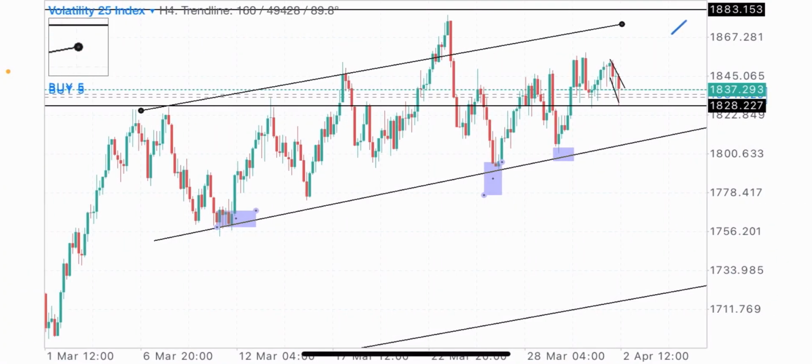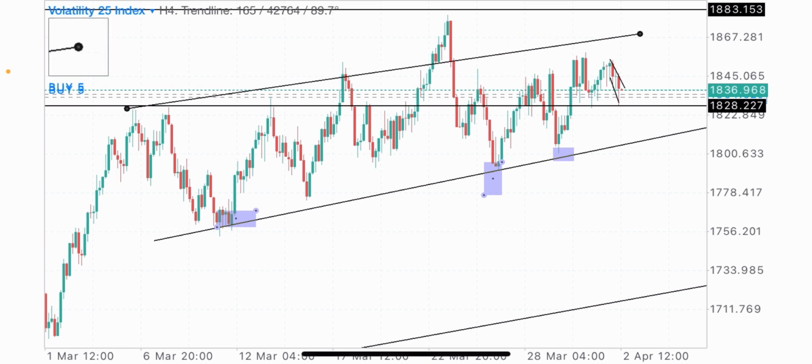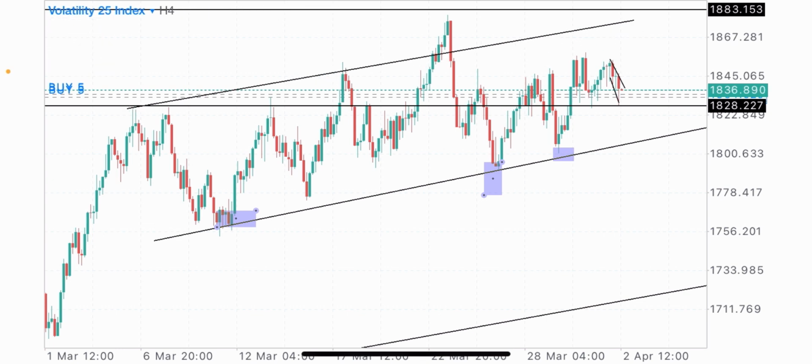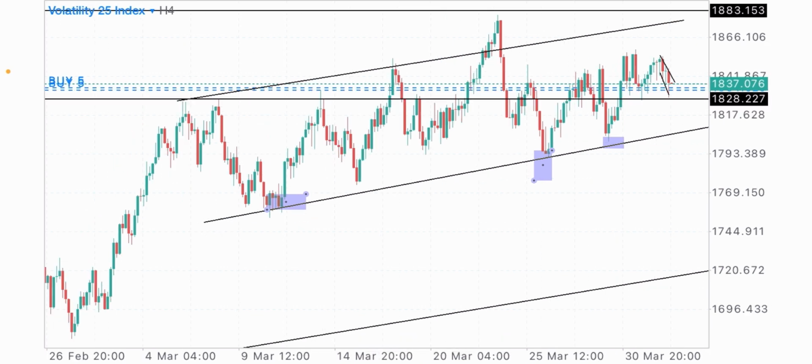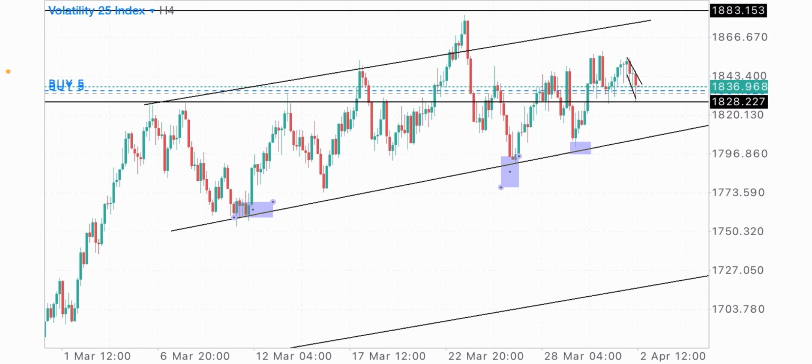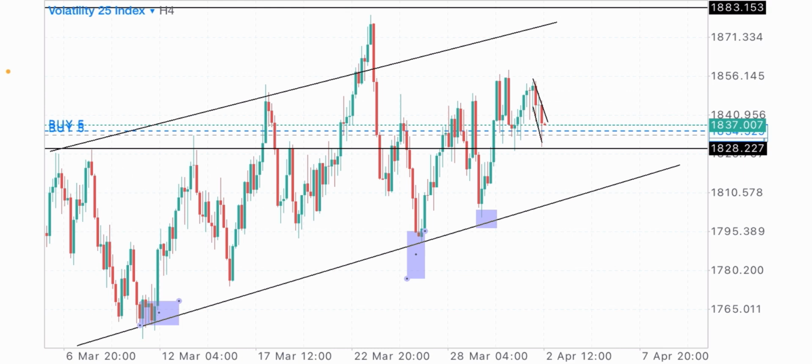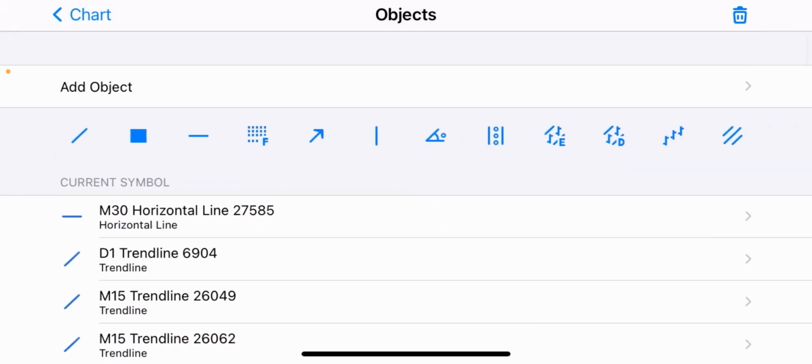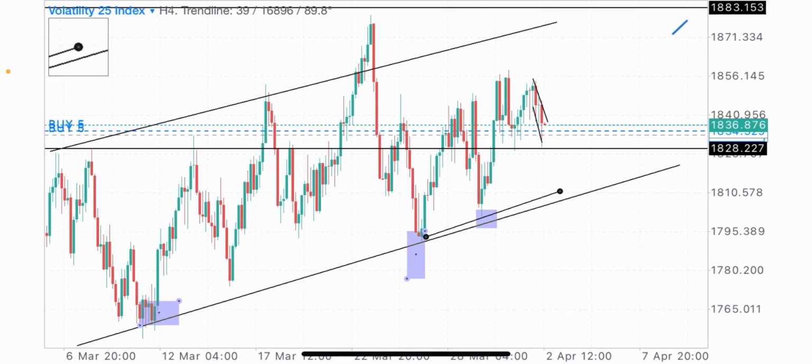Let me also put this trend line here so you can see it more clearly. Let me just allow my trend line to be like that. This is to enable you to see the trend of this market. You can see that the market is pushing upwards. Now this market has come to an area where a new trend is formed, and it's still going to the upside.